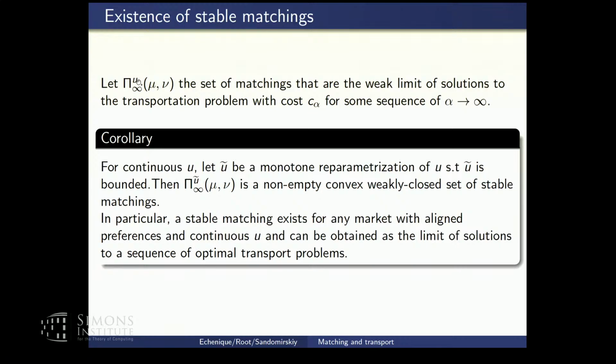So if I take my U and I reparameterize it to make sure it's bounded, which you can do in standard ways, and then you look at this set of limit points, it is a non-empty, convex, weakly closed set of stable matchings.